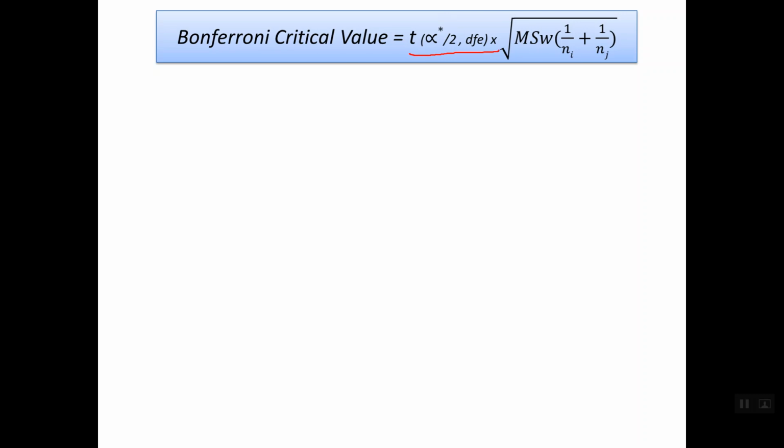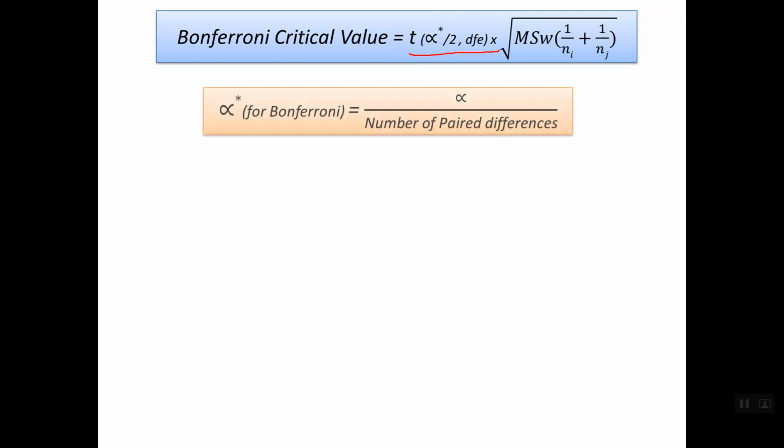It is determined by knowing what's called alpha star, and alpha star is simply an adjusted or corrected value of the original alpha. How to calculate and determine the value of alpha star? Simply, this is the formula to determine the value of alpha star, which is used in Bonferroni test.